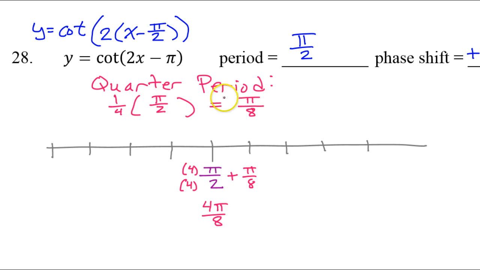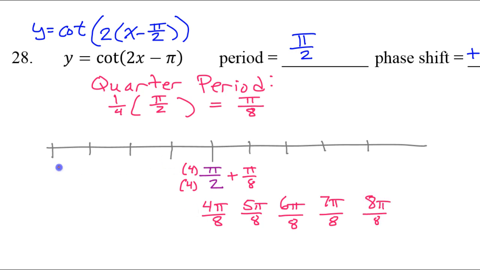So if I add a quarter period, if I add 1 pi over 8, then the next mark over will be 5 pi over 8. And then if I keep adding 1 pi over 8 over and over again, I'm going to get 6 pi over 8, 7 pi over 8, 8 pi over 8.